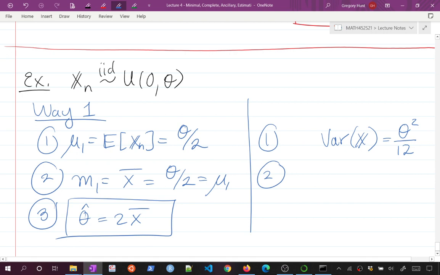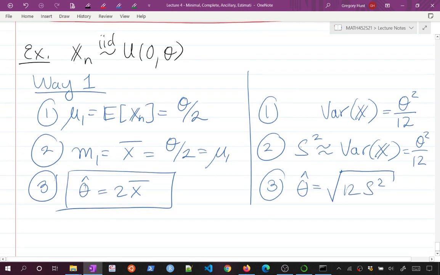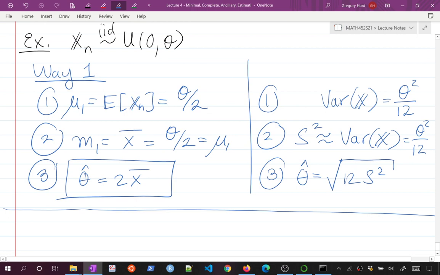So I could again say the sample variance should be approximately this population variance, which is theta squared over 12. And that would lead me to the estimator that theta hat would be the square root of 12 s squared. So that's another way that we could form a kind of method of moments like estimator.